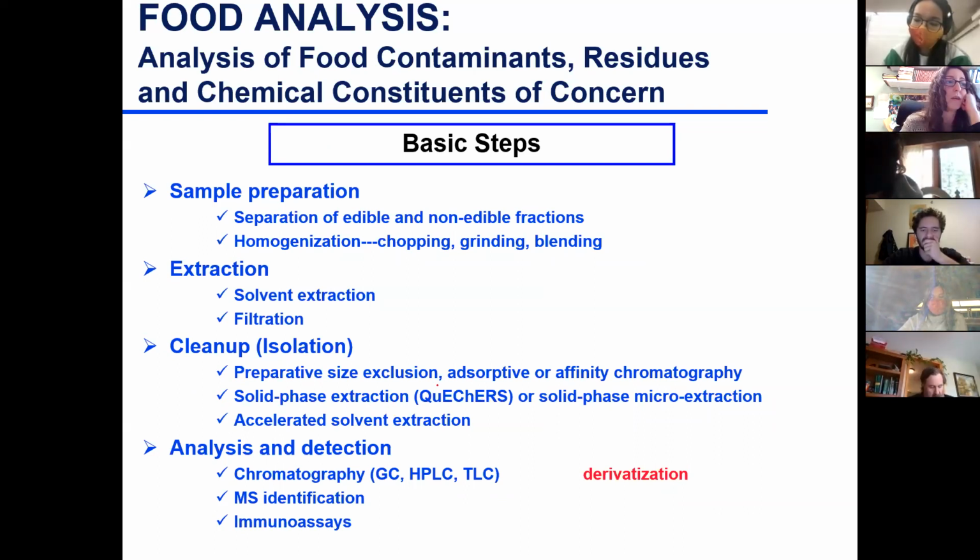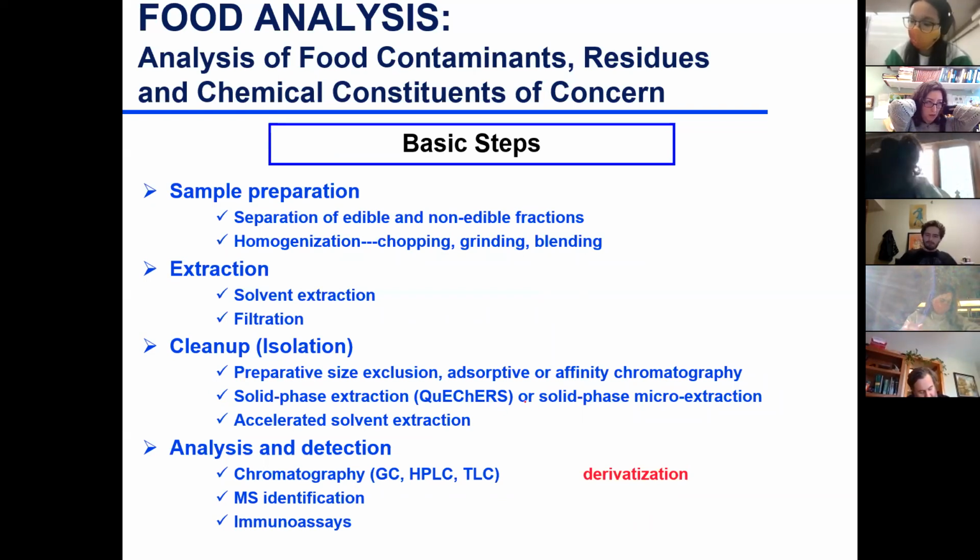So this specific term is used. So if we look at the letters, what does that mean? Q, U is for quick, E for easy, CH for cheap, E for efficient, R for rugged, I mean also kind of a form of efficient and quick, and S is safe.